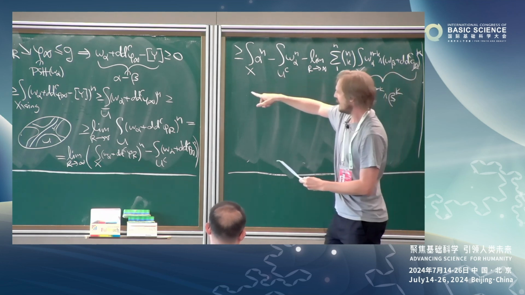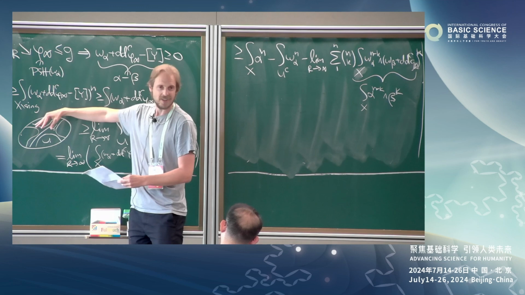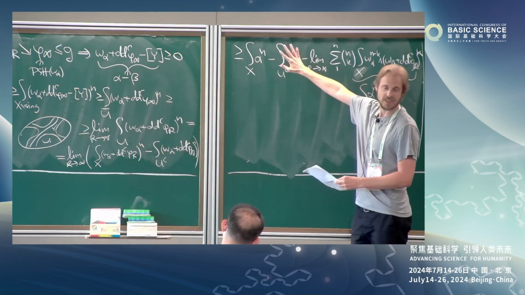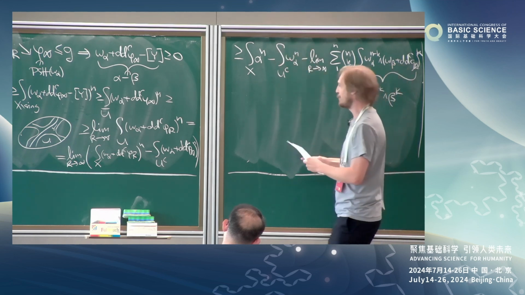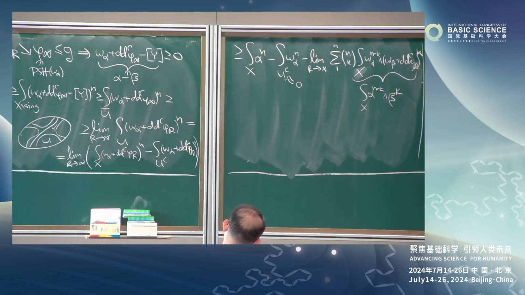And I said that I can make the complement of U arbitrarily small, in this sense. So I can assume this to be negligible. So this is going to be approximately 0. And then you have it.